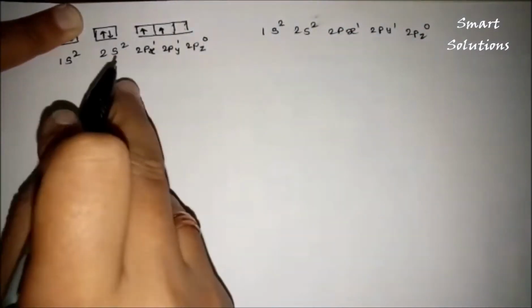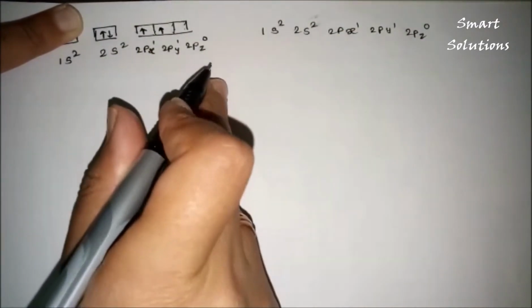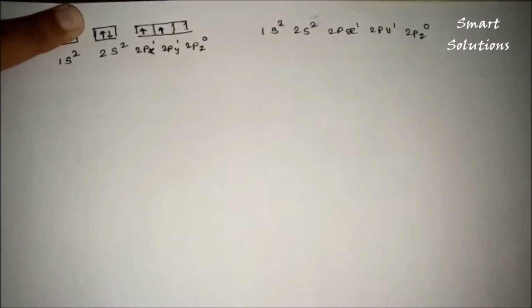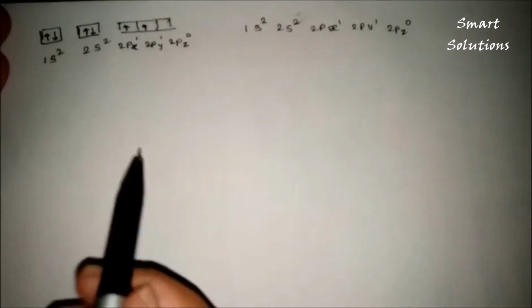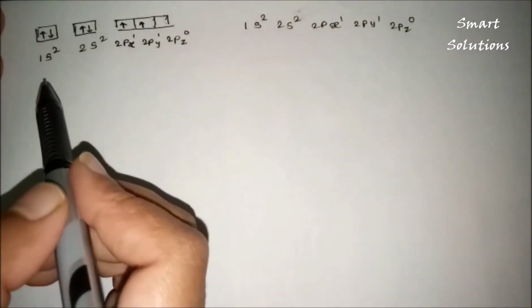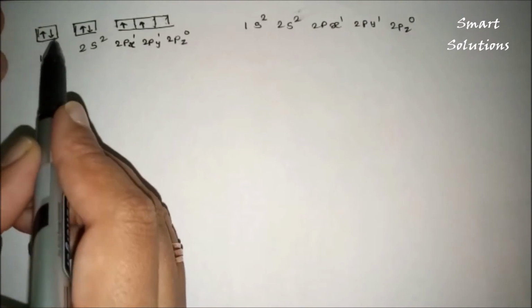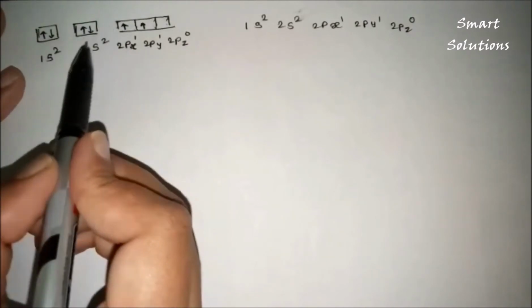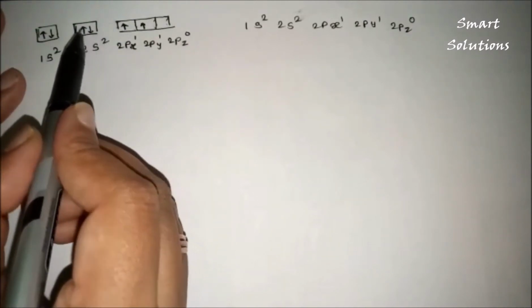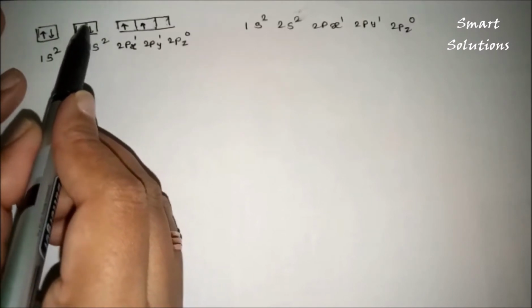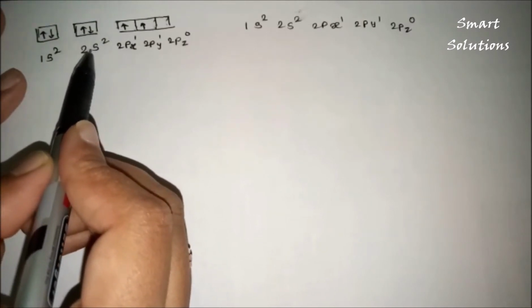In 1s2 there are 2 electrons, which are paired. In 2s2 there are 2 electrons, also paired.